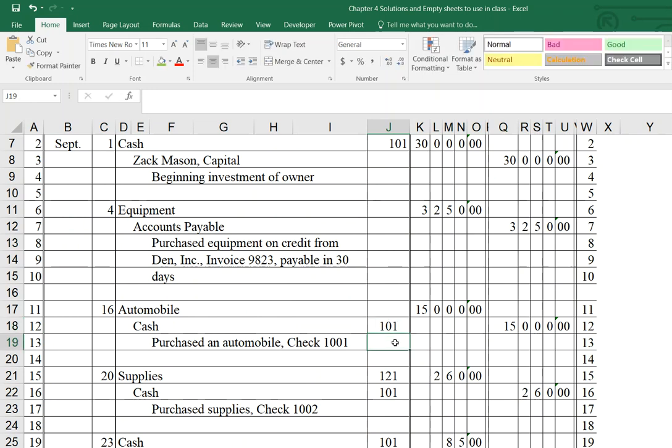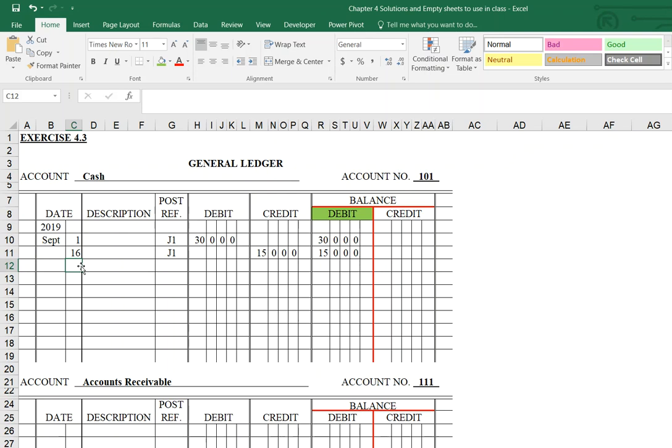Okay. Next, on the 20th, we paid cash for supplies, so we have a credit of $260. That was on the 20th, still on journal page 1.